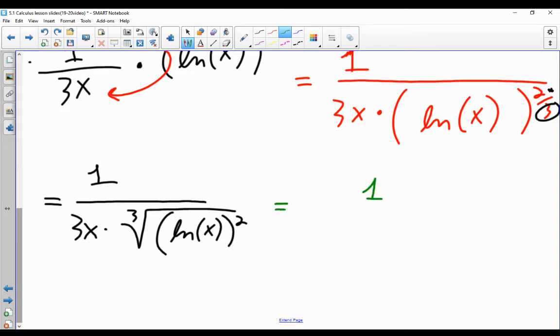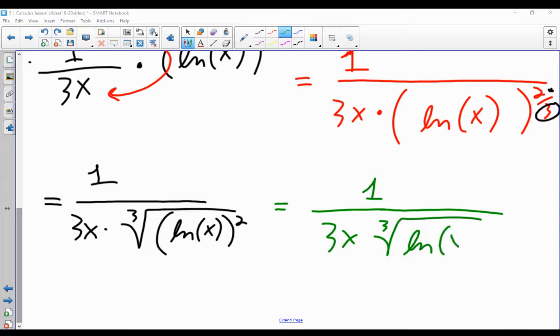If you decide to write it this way, so 3x times cube root of natural log x squared. But if you decide to take this square and squeeze it in the middle between the natural log and the x, that is also acceptable.